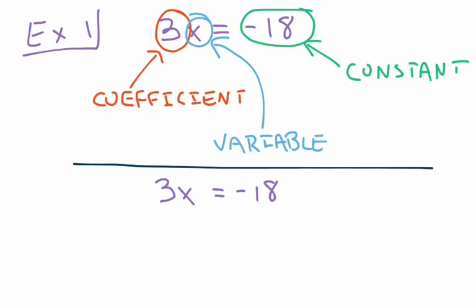So we're starting off on the left side of the equal sign. We are taking 3 times x, 3 multiplied by x. In order to take the inverse of 3 times x, we want to divide by 3. We know that multiplication and division are opposites. So, to do the inverse of multiplying by 3, we need to divide by 3.